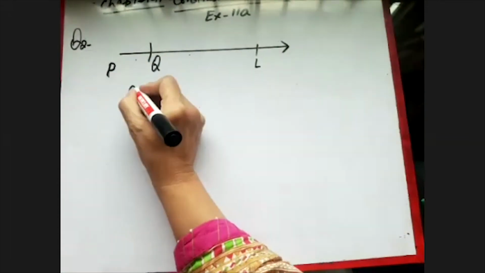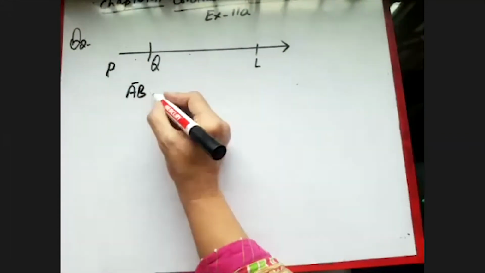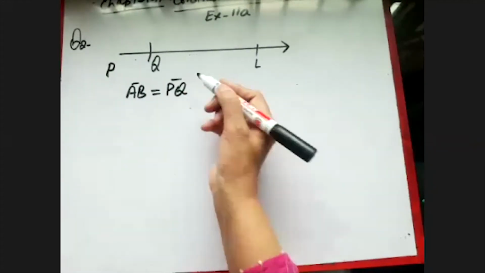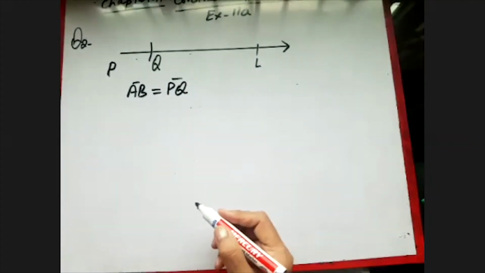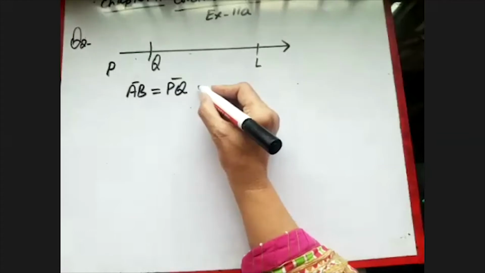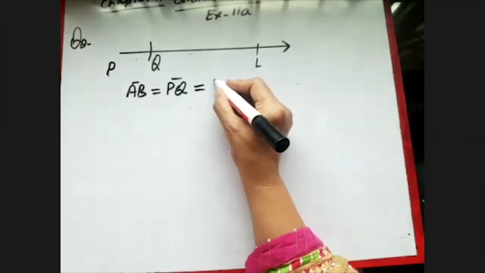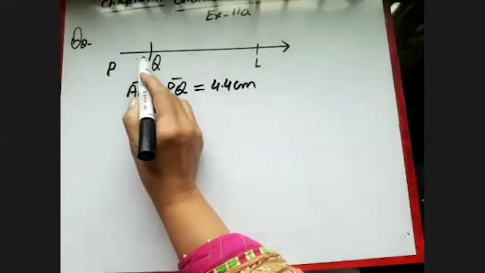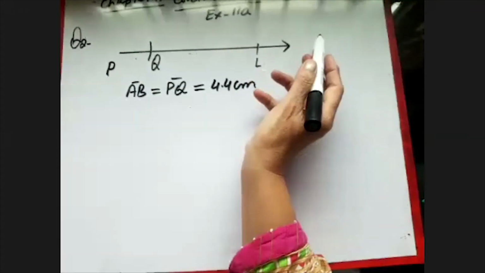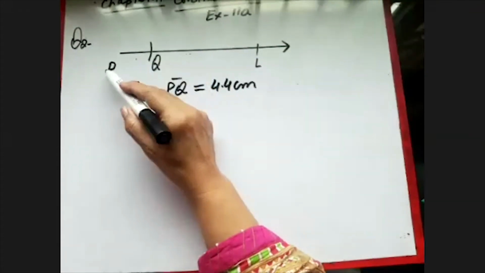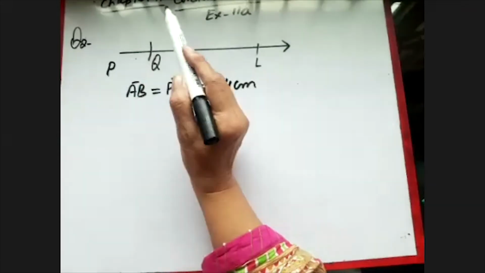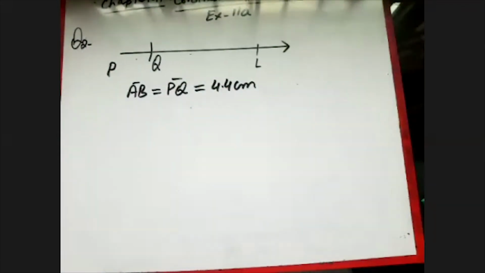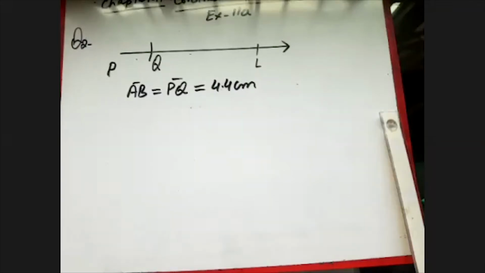So AB is the line in the book, which is equal to the line PQ I drew with the help of compasses on a ray, and the line measurement is 4.4 centimeter. It is a line segment. It is part of a ray, starting from P and the end point is Q. So it is a line segment having a definite length.